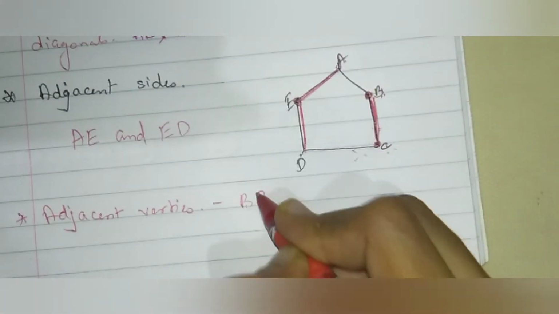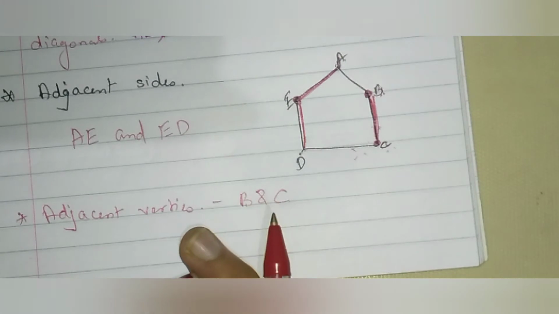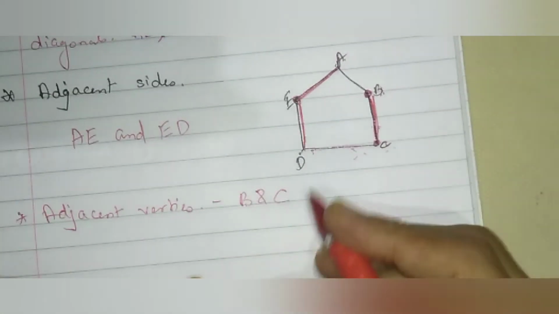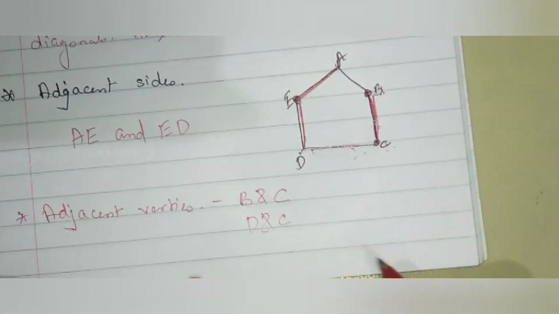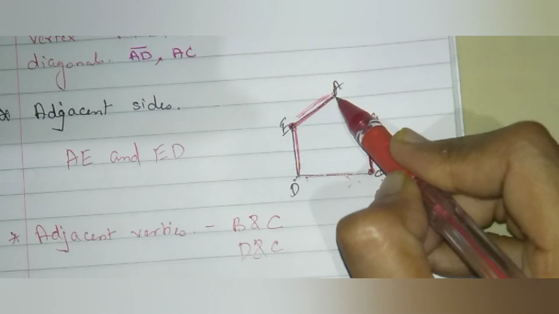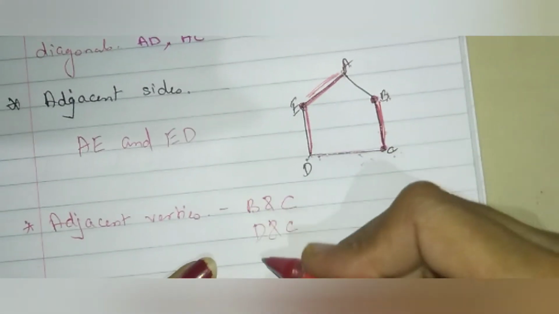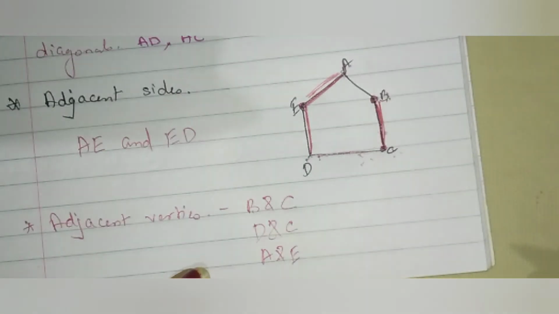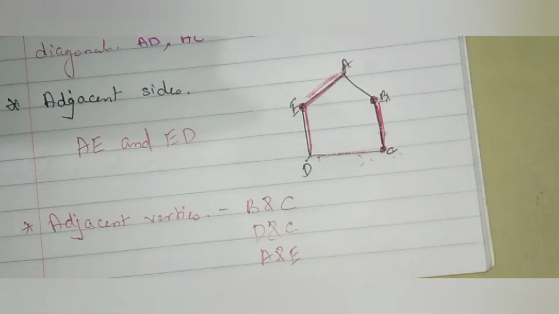So B and C are adjacent vertices. If I take this side, D and C are adjacent vertices. If I take this side, A and E are adjacent vertices. Understood what adjacent sides and adjacent vertices are?